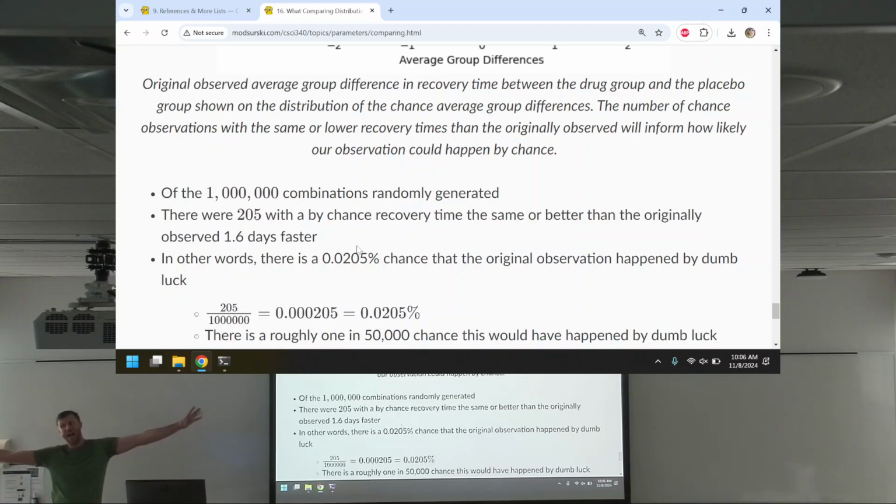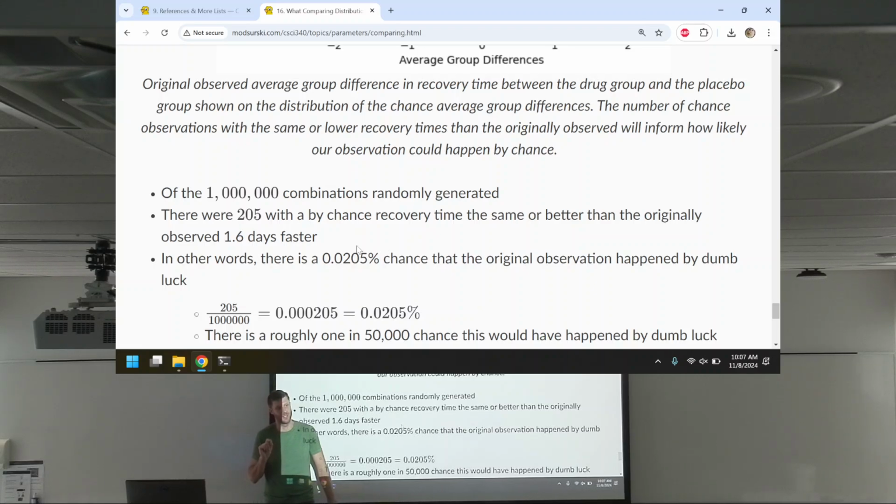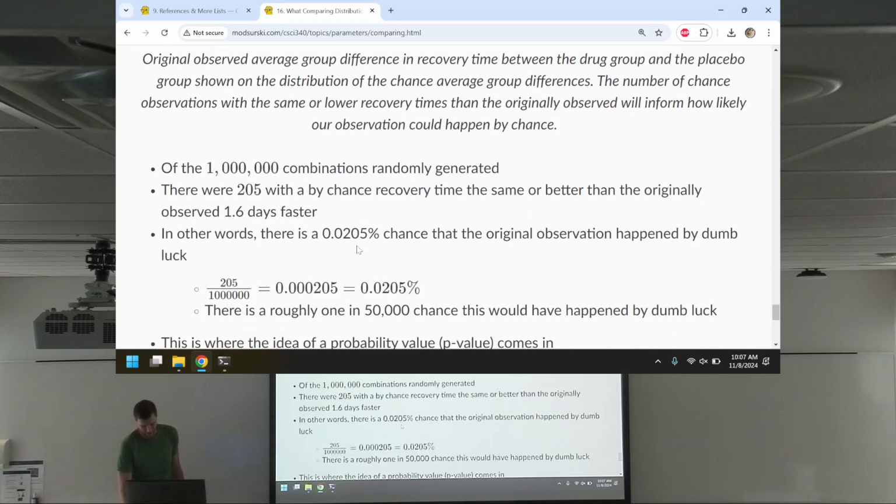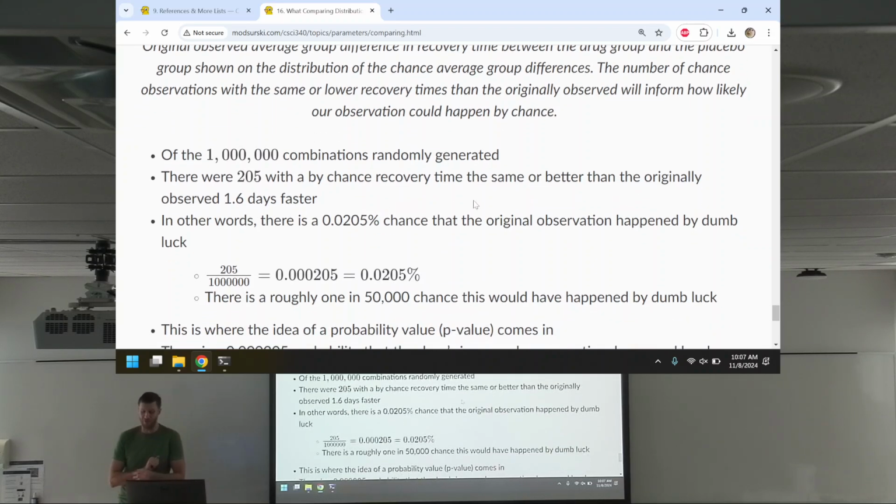So if this is the by chance, I have a 205 out of 1,000,000 chance that this happened by dumb luck, or a 0.0205% chance. That's very little. There's roughly a 1 in 50,000 chance that this happened by dumb luck. That's the p-value. That's what a p-value is.